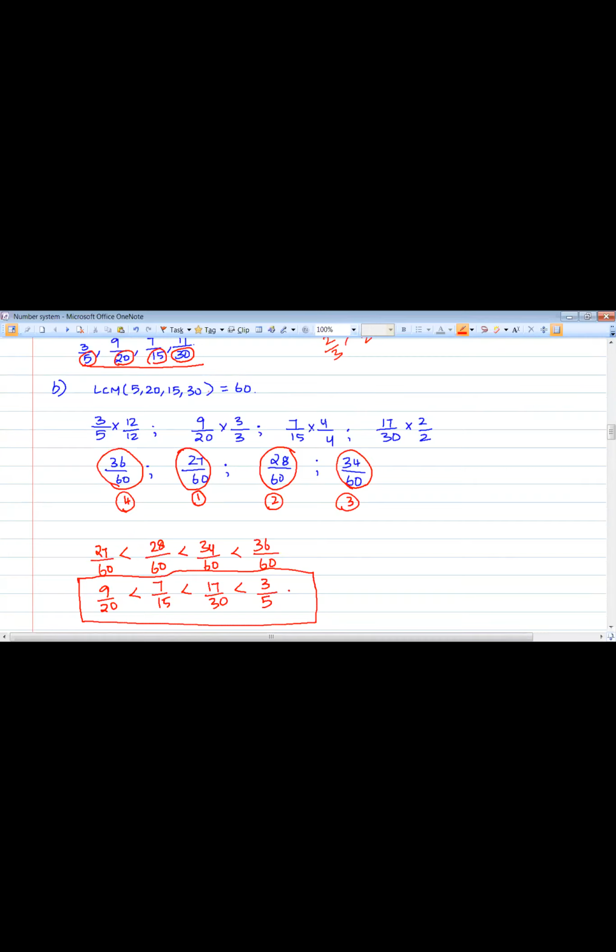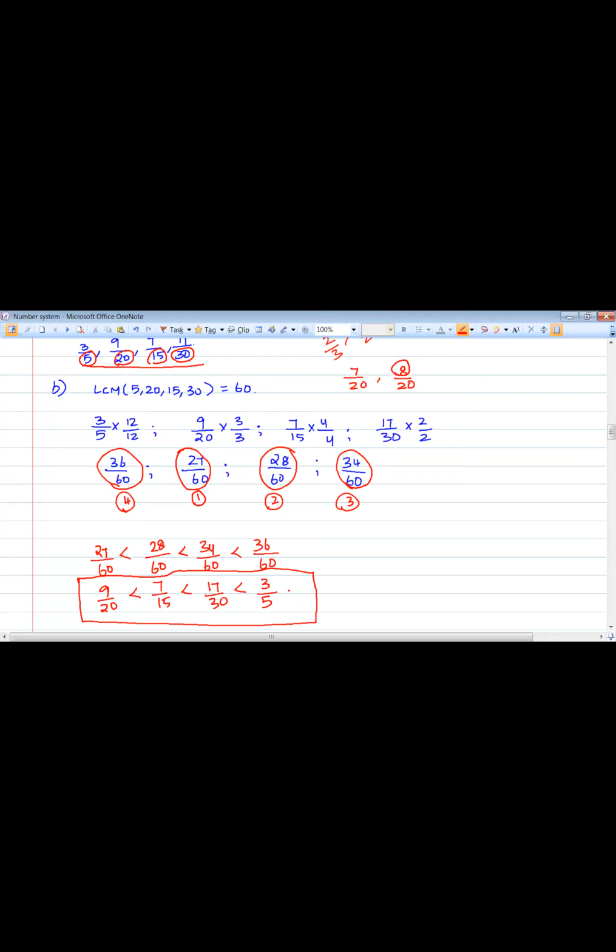Why do we have to find the LCM? Because we need to compare the fractions where the denominators are the same. If the denominators are the same, then we can compare the numerators and say confidently which one is the greatest fraction. For example, 7 by 20 and 8 by 20. Which one is the greatest one? Okay. So 8 by 20 is the greatest one.